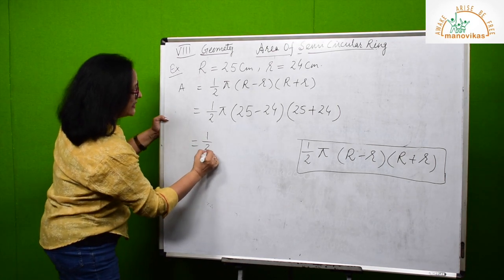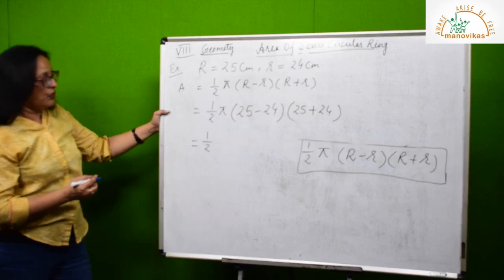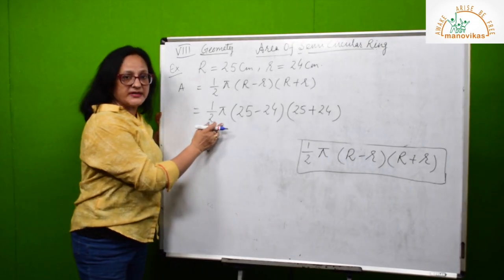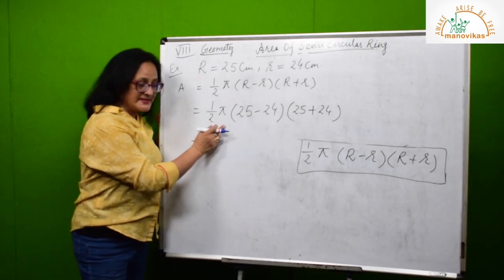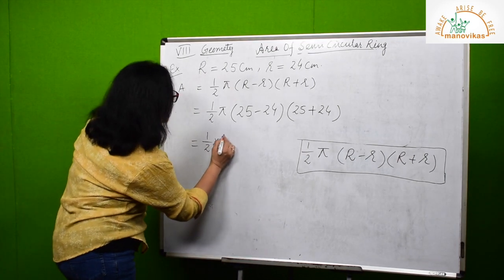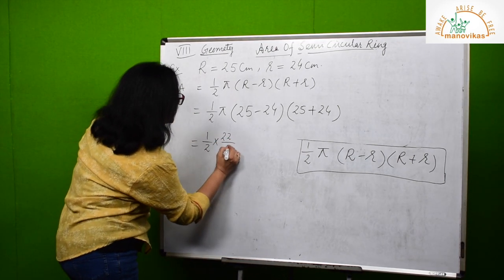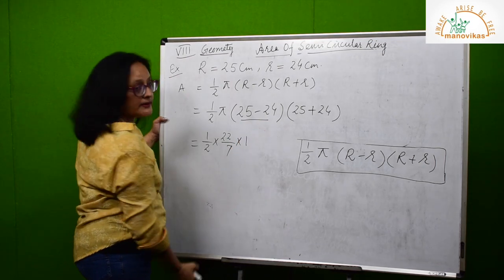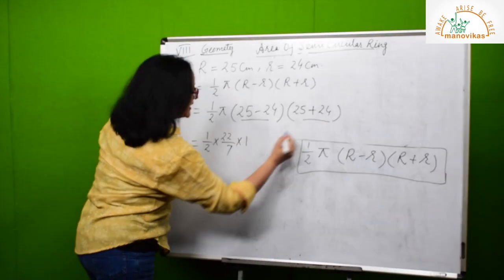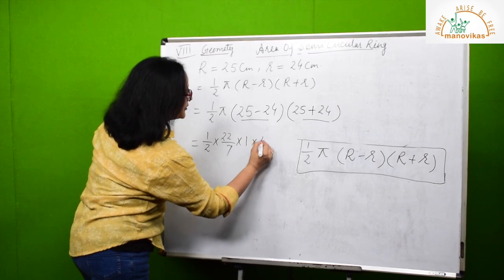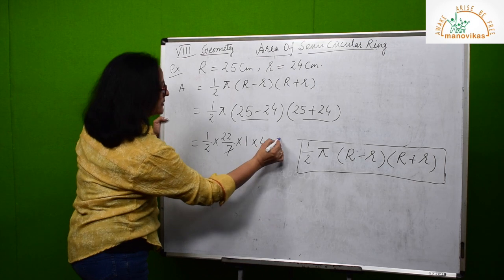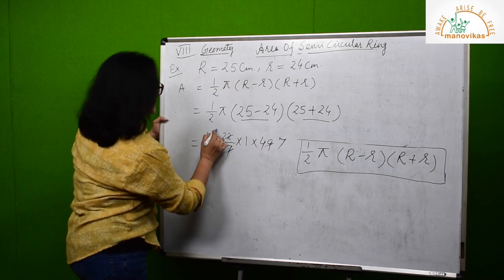Pi, as I explained before, if pi is not given, then always put its value as 22 upon 7. So put the value of pi as 22 upon 7. Simplify this bracket, you will get 1. When you simplify this bracket, you will get 49. Now you can simplify it further easily.